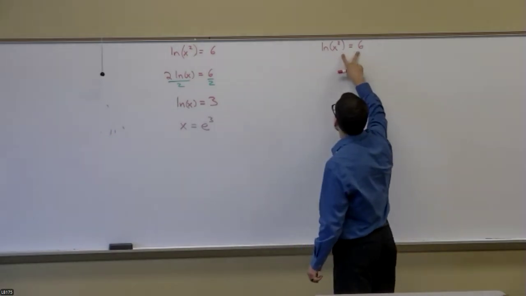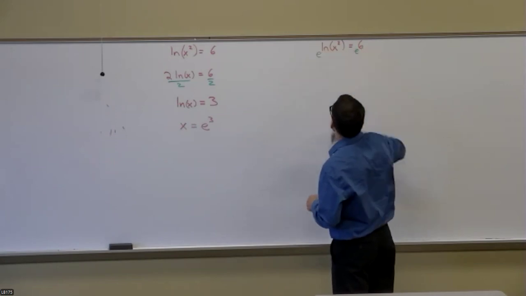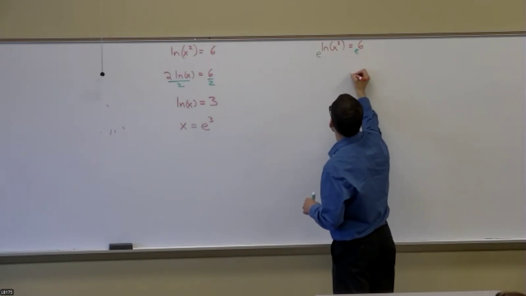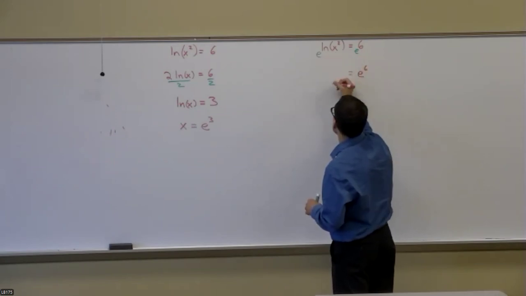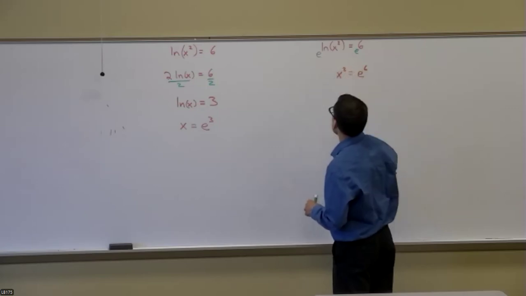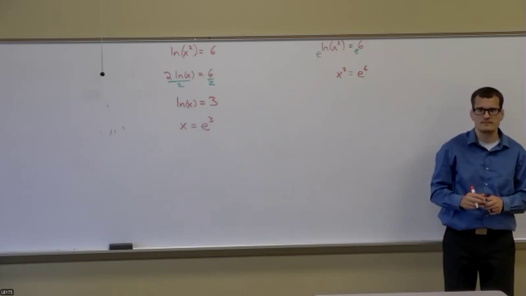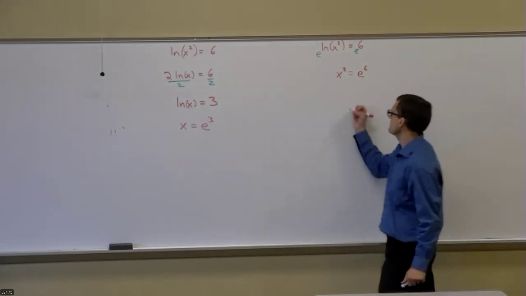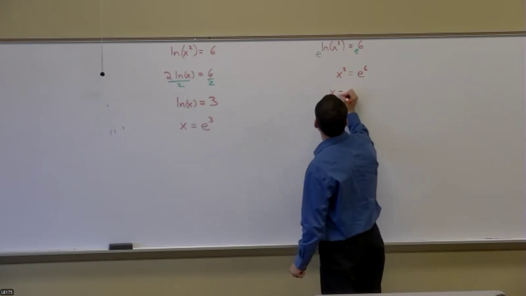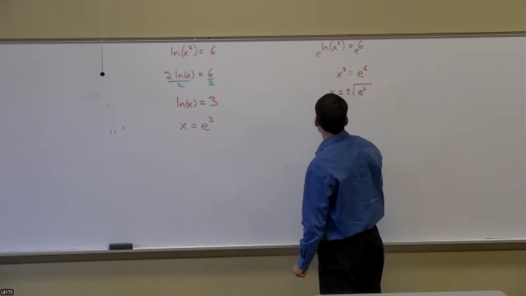Over here, what if I just did that immediately? What if I took e to the 6th power on the right and e to the power natural log of x squared on the left? I would get x squared is equal to e to the 6th. So x would be either the positive or the negative square root of e to the 6th power.